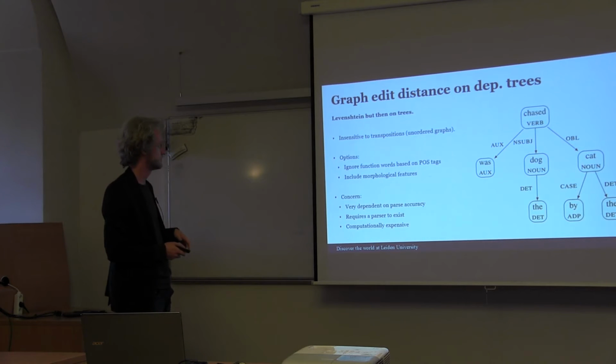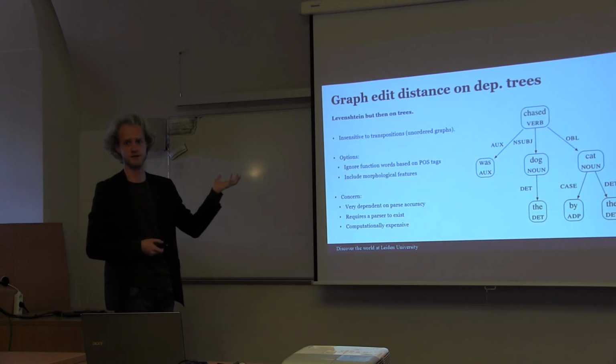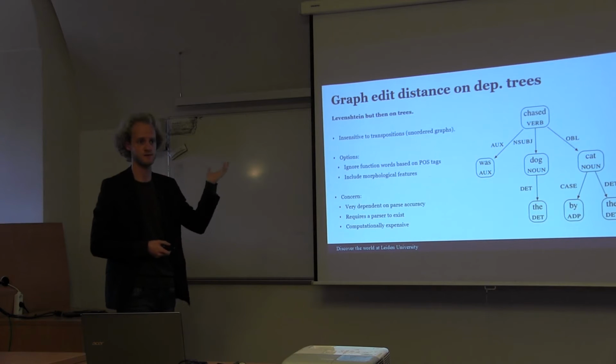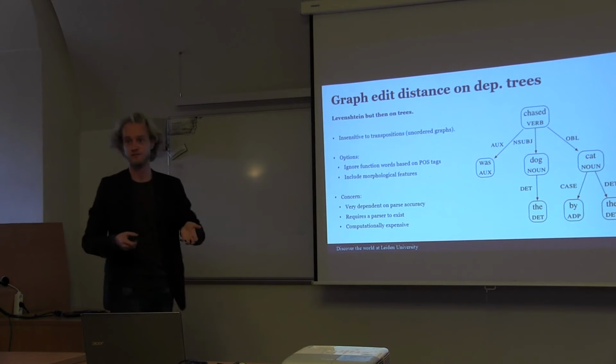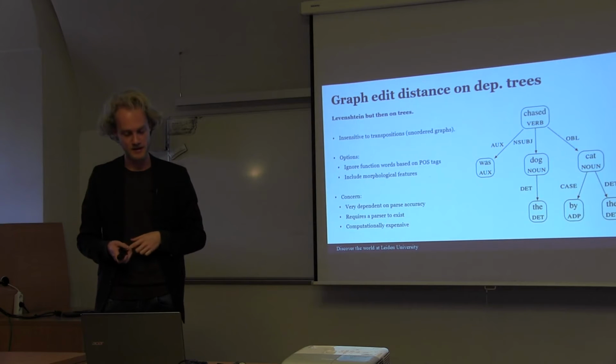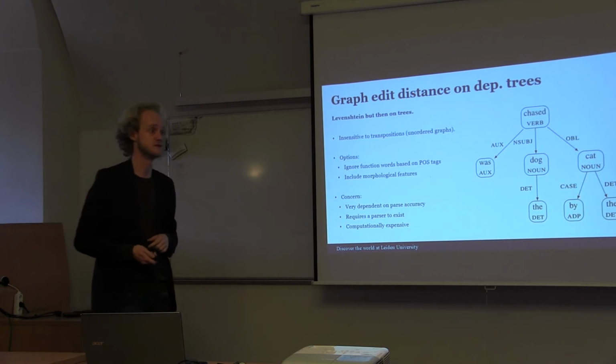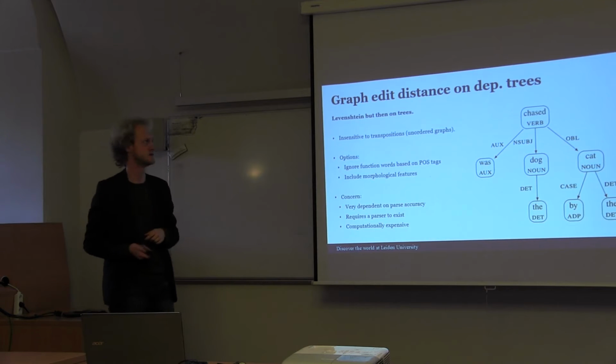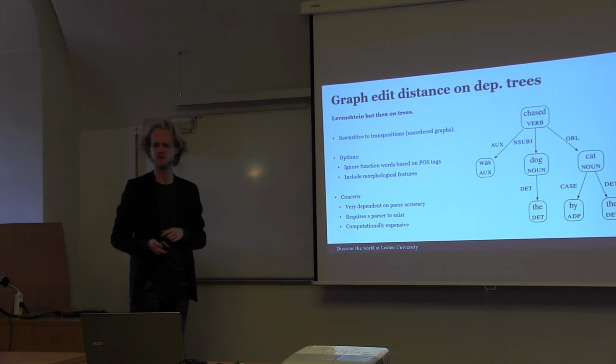But there's a few concerns with this as well. It is very dependent on parse accuracy. If your parse is off, then you have a problem. It requires a parser to exist in the first place, which is also sometimes a problem. And it is computationally very expensive because the graph edit distance, I think, is an NP-complete problem, or at least hard.